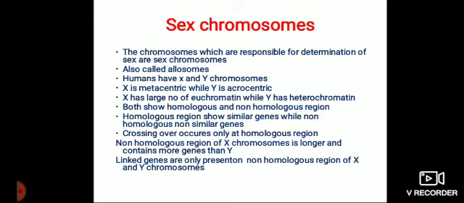The X chromosome contains more genetic material than the Y chromosome. The X chromosome has more euchromatin and less heterochromatin. The Y chromosome has more heterochromatin and less euchromatin. So this is the difference between the chromosomes.